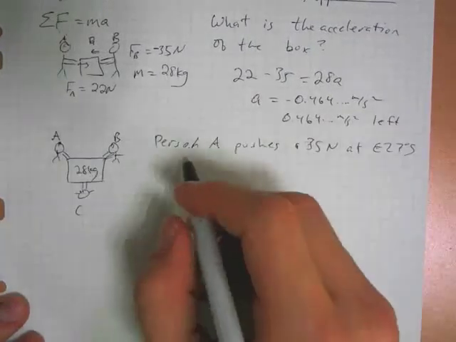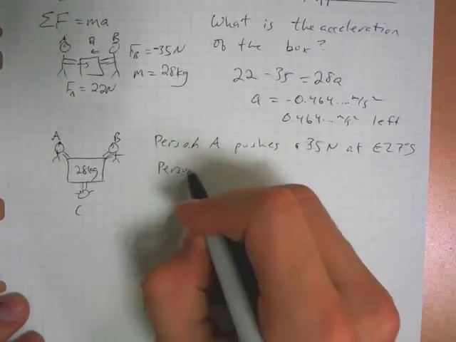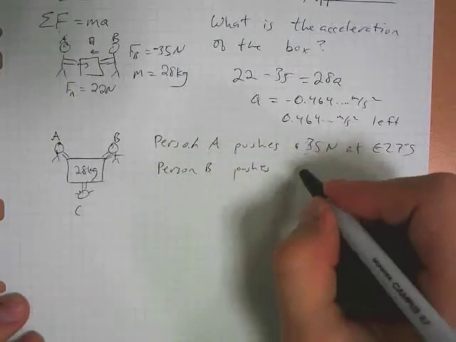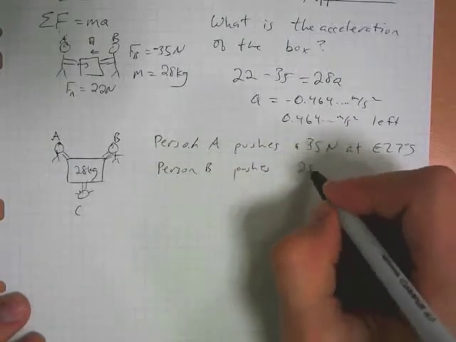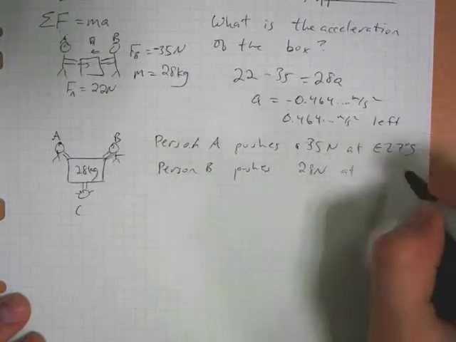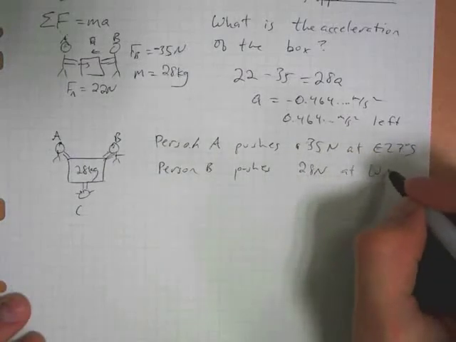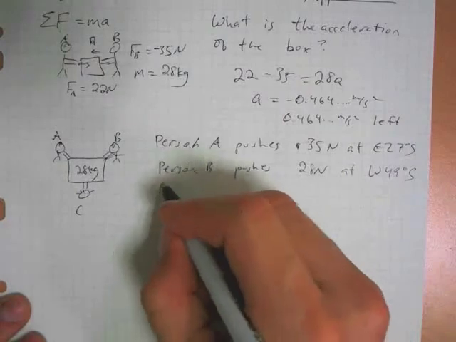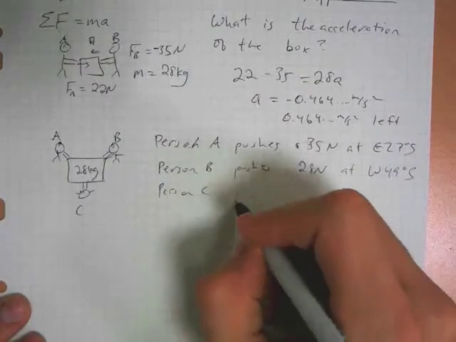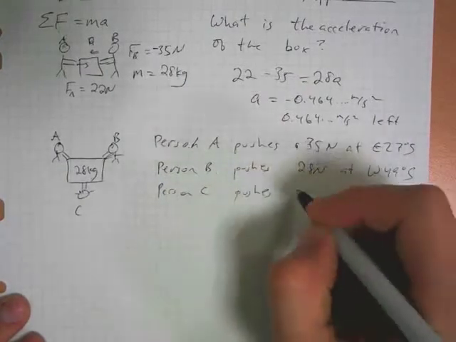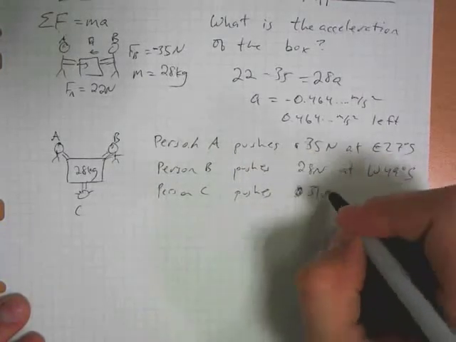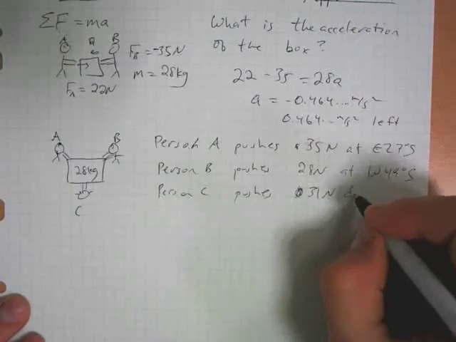We'll say that person B pushes with a force of 28 newtons at west by 49 degrees south, and person C pushes with a force of 31 newtons due north.